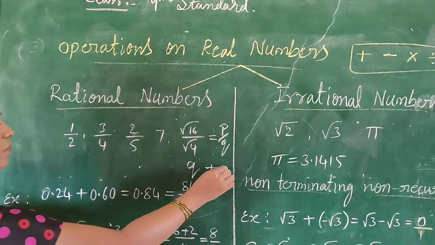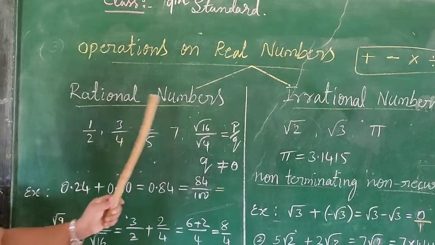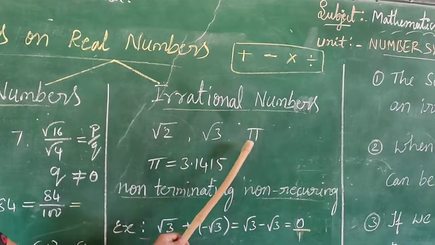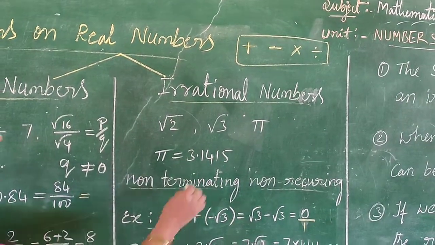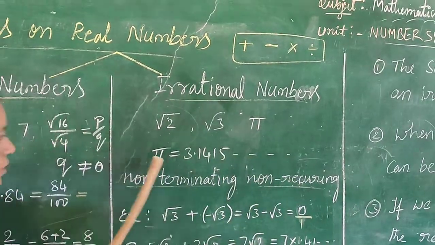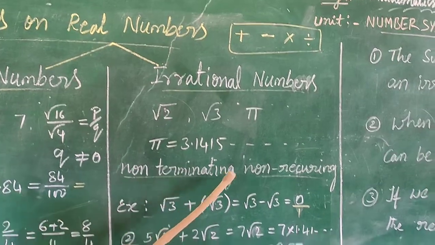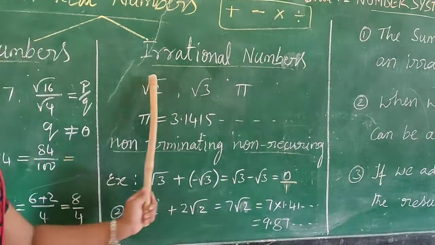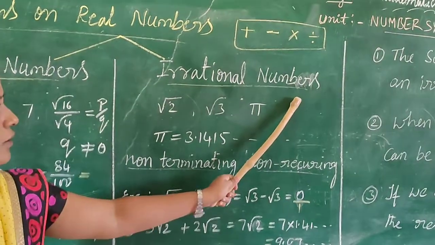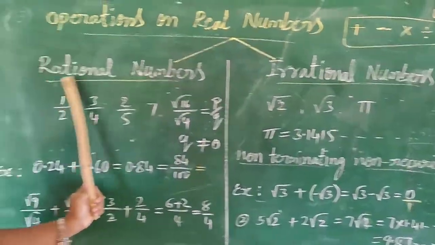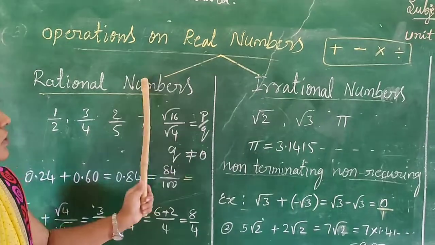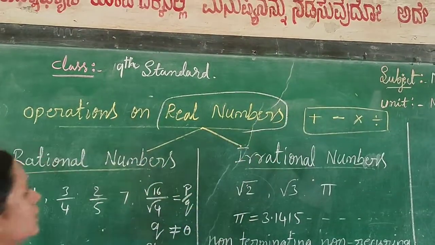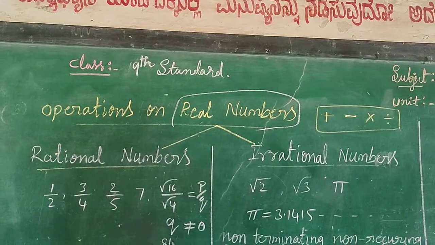So, these type of numbers are called as rational numbers. Here, root 2, root 3, pi. The pi value is 3.1415. These numbers are non-terminating, non-recurring decimals. That's why these type of numbers are called as irrational numbers. These rational numbers and irrational numbers together we call as real numbers.